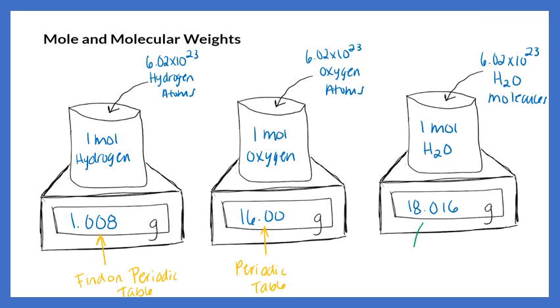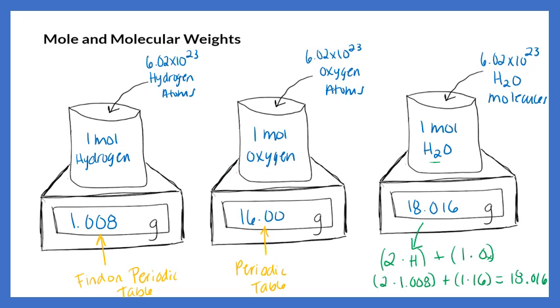Well, H2O is 2 times the mass of hydrogen, because there are 2 hydrogens, plus 1 times the mass of oxygen. So let's do this out. 2 times 1.008 plus 1 times 16 equals 18.016.